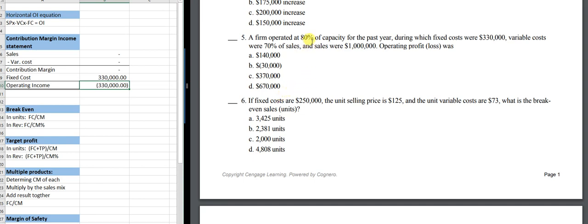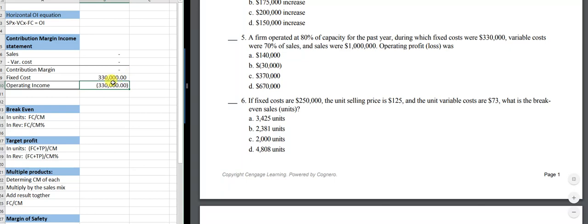For instance, if I was at 80% capacity and sales were $1 million and I wanted to double it, I can't, because I'm beyond capacity. So capacity only enters into the equation if I want to increase my overall production, and I have to check to see if I can do it or not. This particular one doesn't ask me to increase capacity.